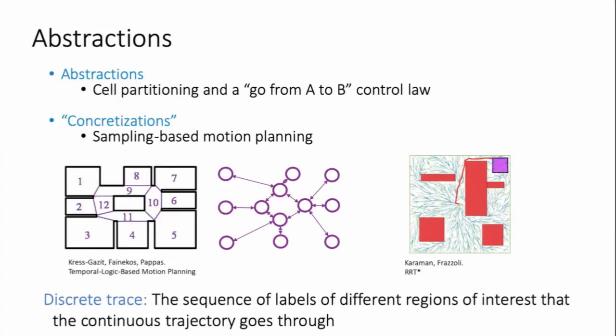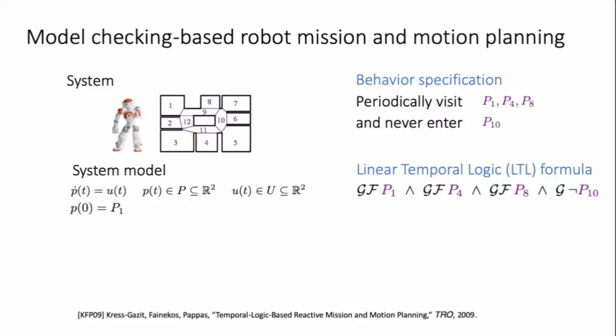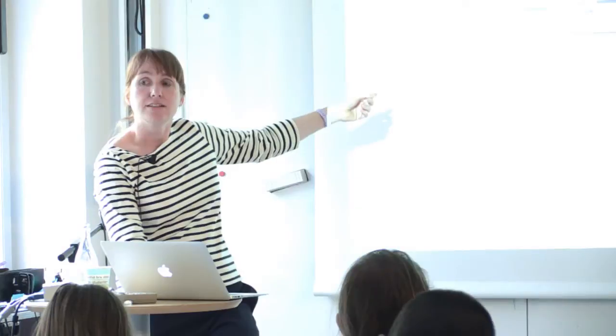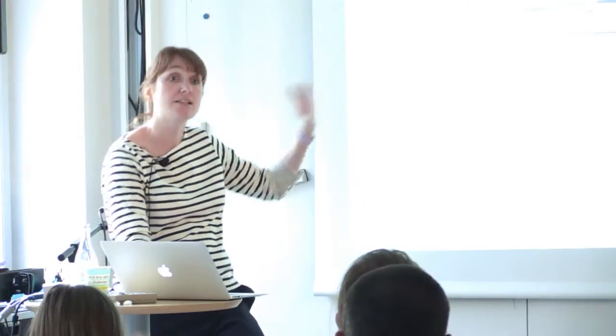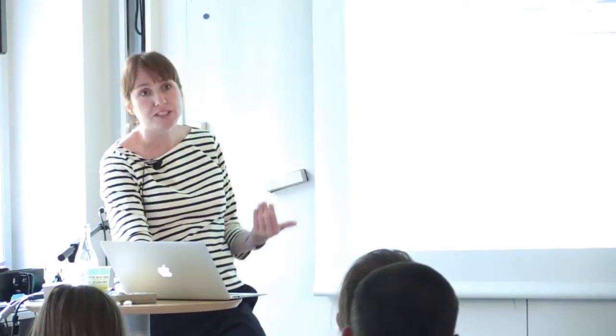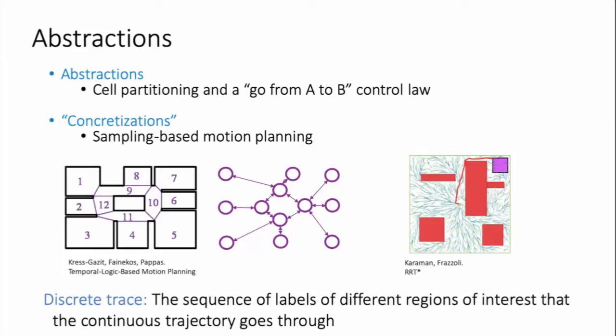So now, the but part comes in the model, right? So here we had a nice continuous time, continuous space model. The formal verification techniques that work with temporal logics are not really fitted to work with continuous time models. So what we need to do is create some kind of abstractions.